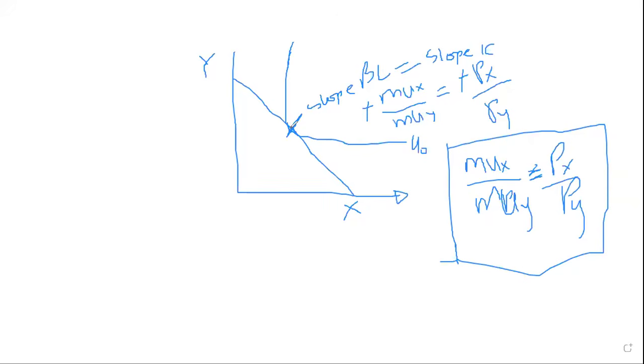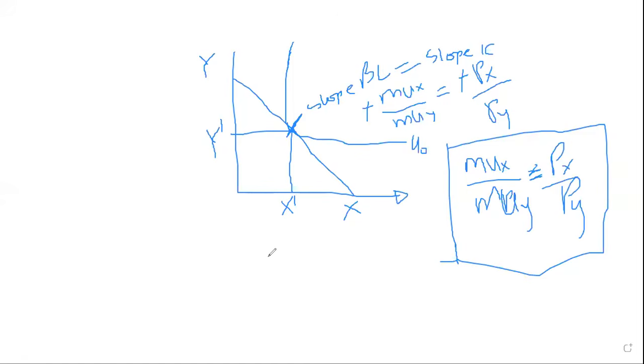So at this equilibrium point, he's going to consume this unit of X and that unit of Y.